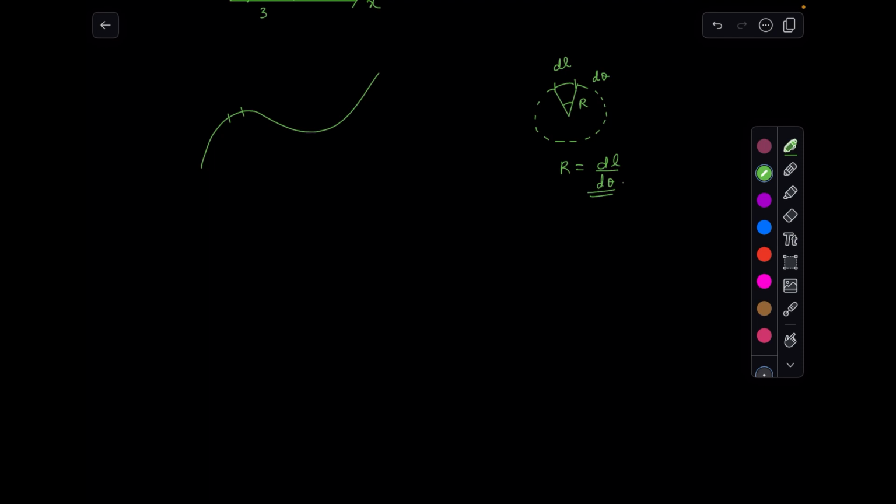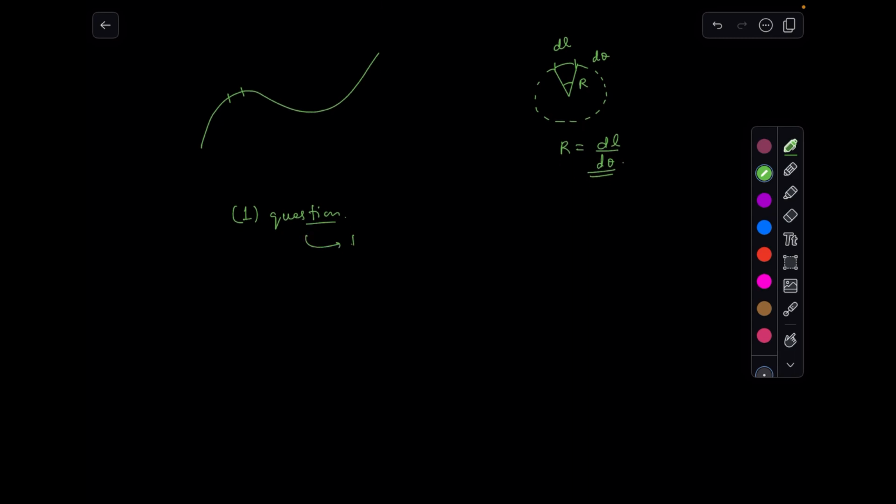Now there are two questions that we have to answer. The first question is: how will we locate the center of a part of a circle, or an arc, if we are given that arc?